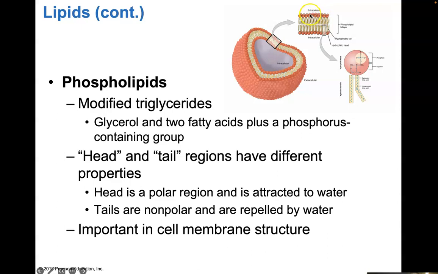So what that means is that in your cell membrane, those phosphate groups are charged and will interact with other charged things like water on the extracellular and intracellular sides. But the lipids in between won't allow things that are really charged through, okay?